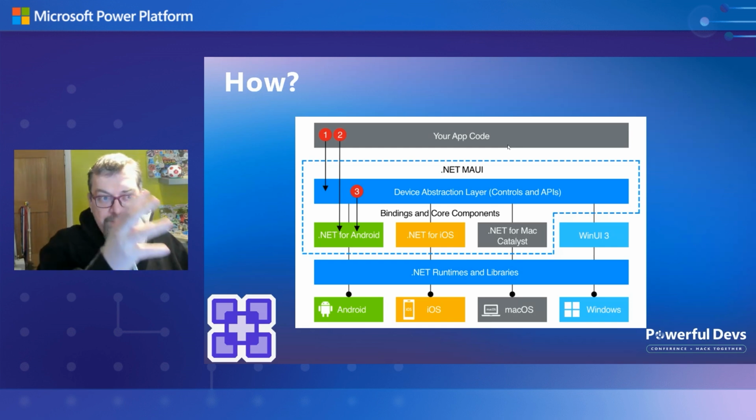And that's what we're showing with the pattern from 1 to 3 in this diagram. For the pattern 2, it doesn't stop you because you have got access to .NET for Android. So if there is something specific that is not available in .NET MAUI, you can get to it. You can get to those core .NET runtimes for Android, for iOS, etc. So you can leverage those new and exciting features that are coming out for those platforms.